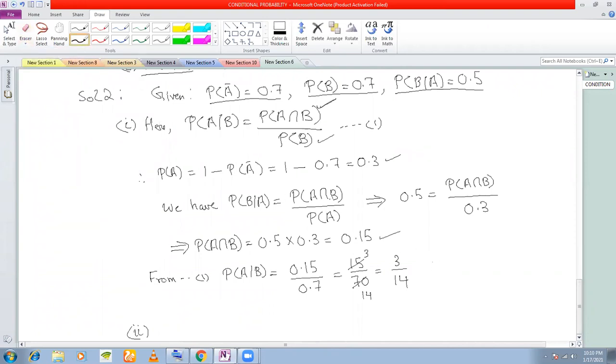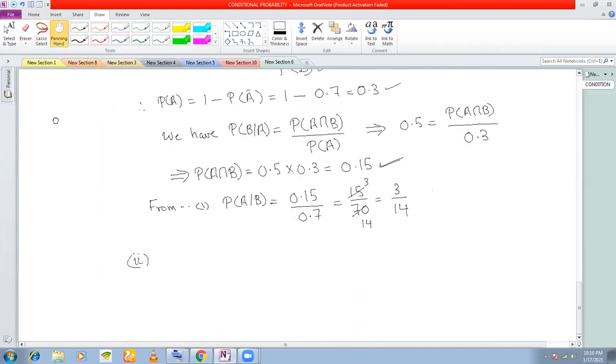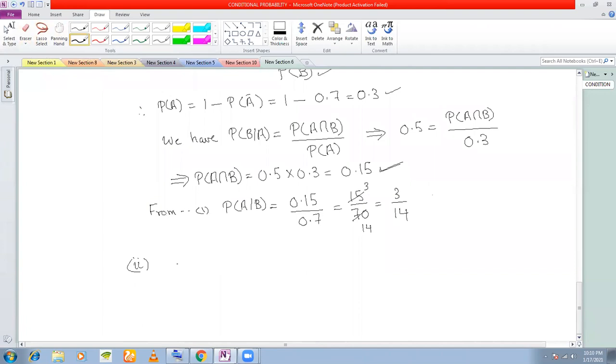P(A intersection B), we found out to be 0.15. So P(A union B) shouldn't be a problem. The formula is P(A) plus P(B) minus P(A intersection B). This is the formula.